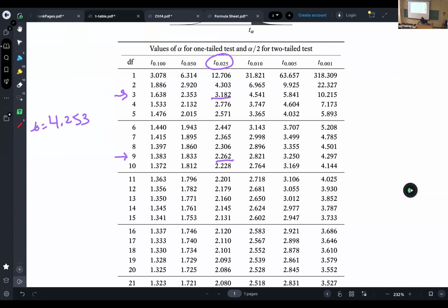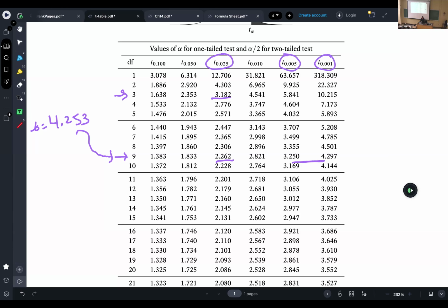That was our T, and you can just go along this row and see where that is along this row. And it's going to be between these two. So the p-value is going to be this subscript times 2 to this subscript times 2.